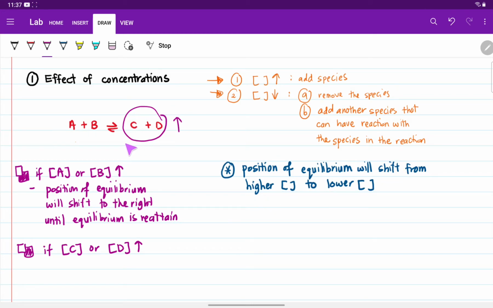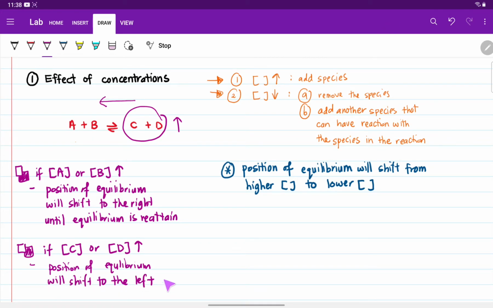So sekarang ni dekat sini tinggi, dekat sini rendah. Jadi, apa akan berlaku kepada kita punya position of equilibrium? Kemana dia akan bergerak? So, since produk yang banyak, position of equilibrium will shift to the left.